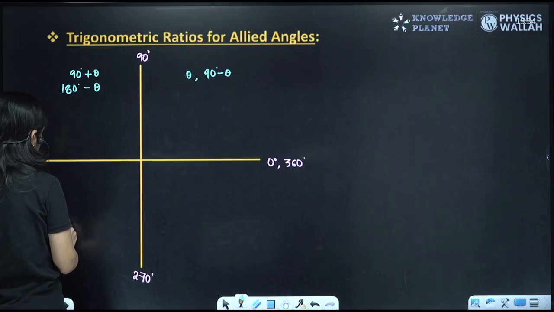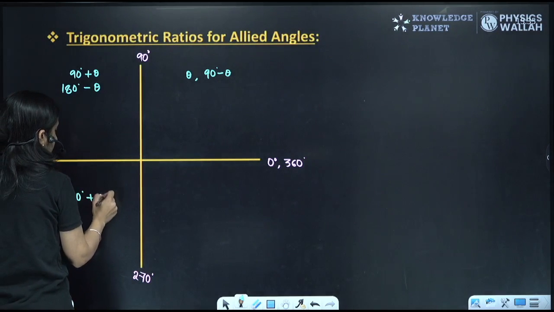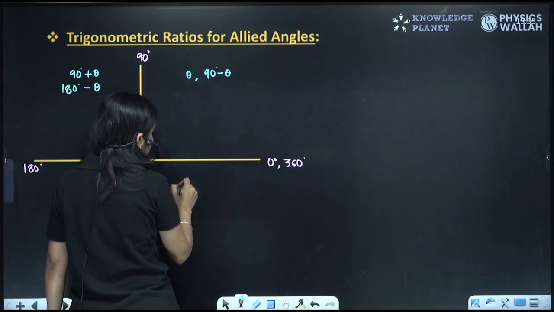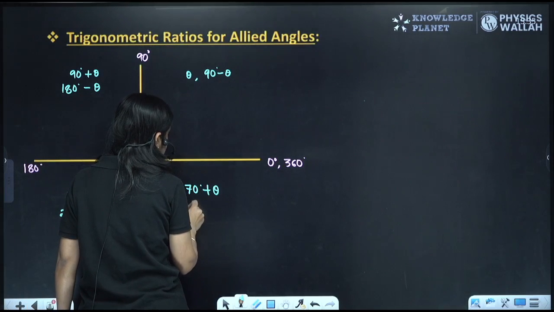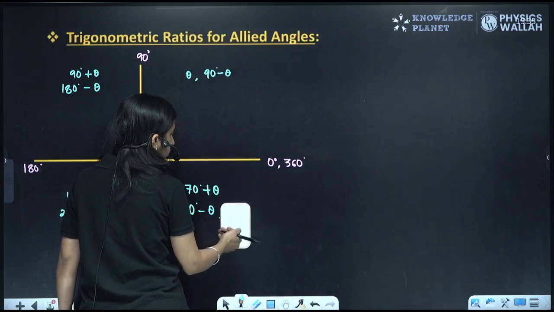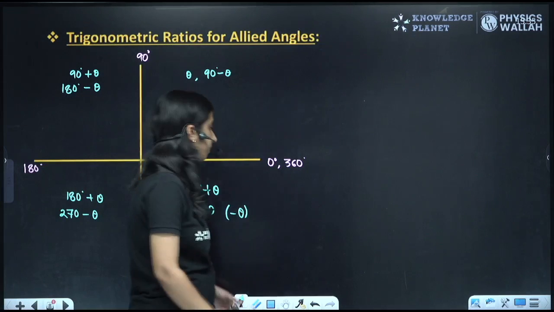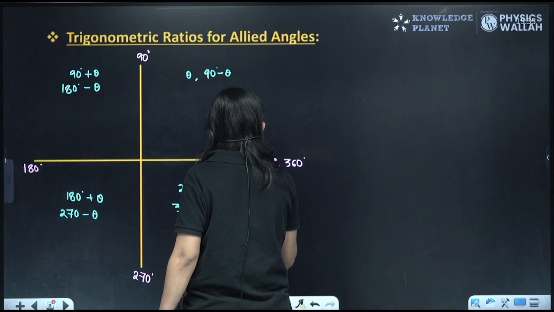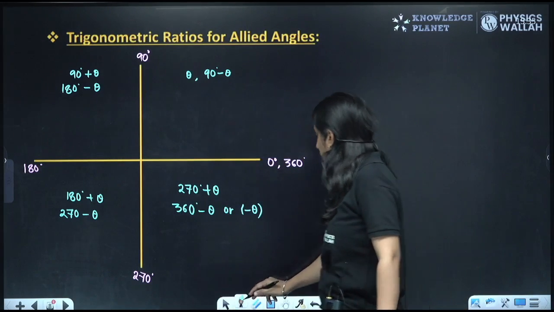Then in the third quadrant, we can define it as 180 plus theta or 270 minus theta. In the fourth quadrant, 270 plus theta or 360 minus theta, which is also written as minus theta. So this is how we can define angles in our 4 quadrants.